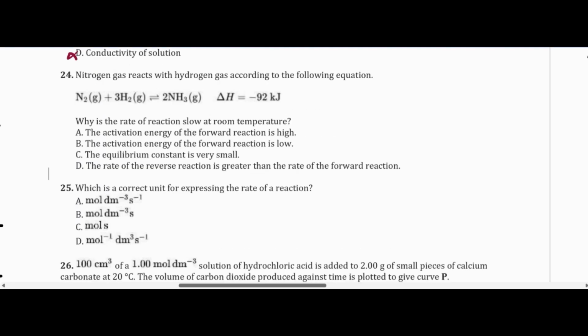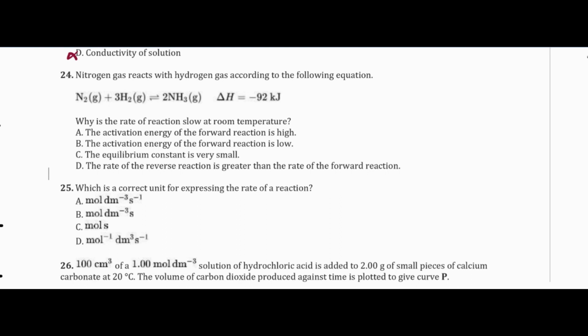Question 24. Nitrogen gas reacts with hydrogen gas according to the following equation. Why is the rate of reaction slow at room temperature? If the reaction is slow, it means that the activation energy must be high.